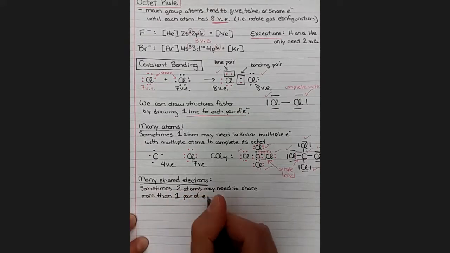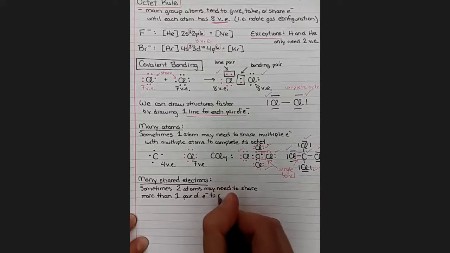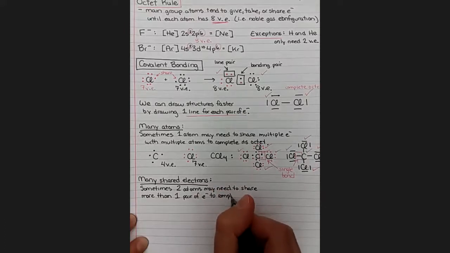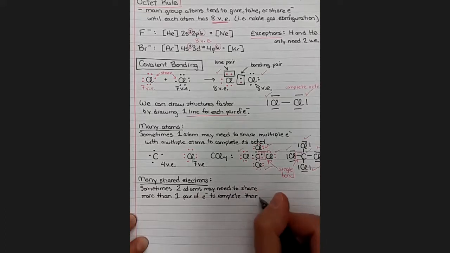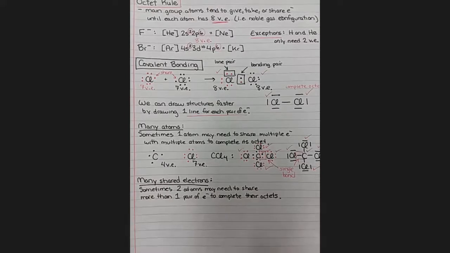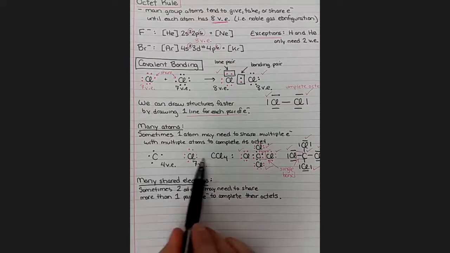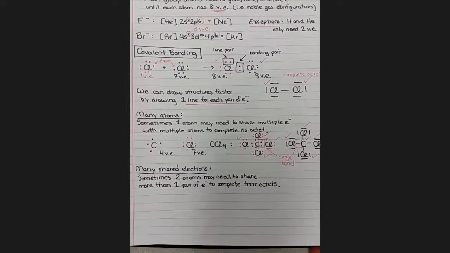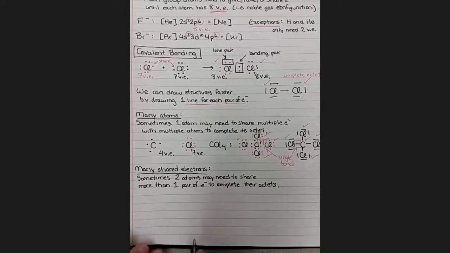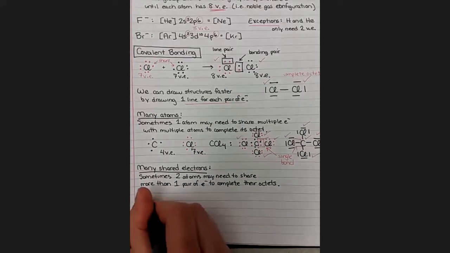They need to share more than 1 pair of electrons to complete their octets. Sometimes there's only 1 other atom available, and you take what you can get. So in this case, carbon could bond to 4 different chlorines in order to get the 4 valence electrons it was missing. Sometimes you have to donate or share more than 1.